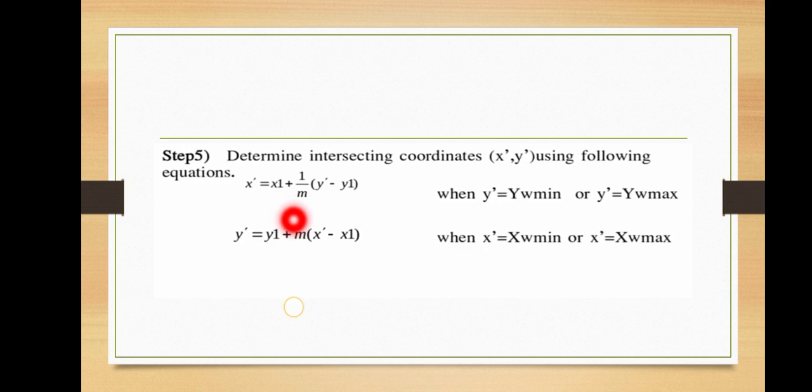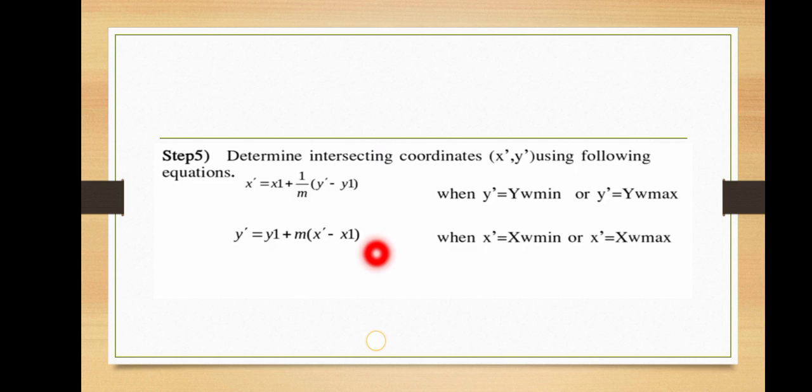If you are getting x dash equal to xw minimum or x dash equal to xw max, at that time you calculate y dash by putting that value into this formula: y dash is equal to y1 plus m into x dash minus x1. Now after calculation you will get the x dash, y dash intersection points.